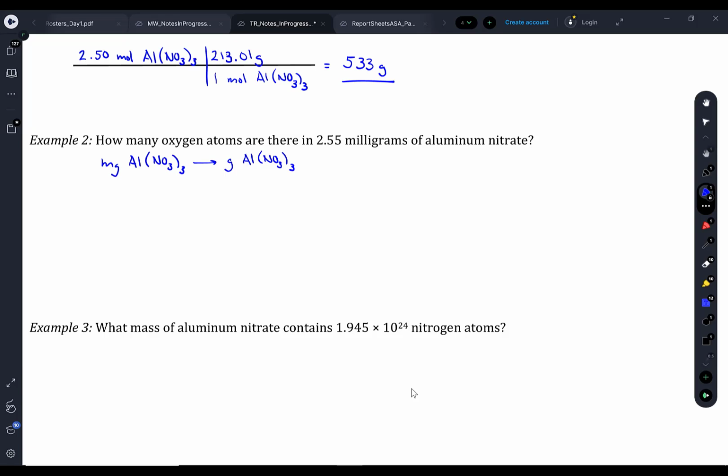We'll wait until chapter 4 to talk about millimoles, but they're much more useful when you're talking about milligrams and milliliters of a solution. Once I know the grams of aluminum nitrate, I have a lot of power. I can use that to get to moles. Yeah, and then I can start talking about individual atom ratios.